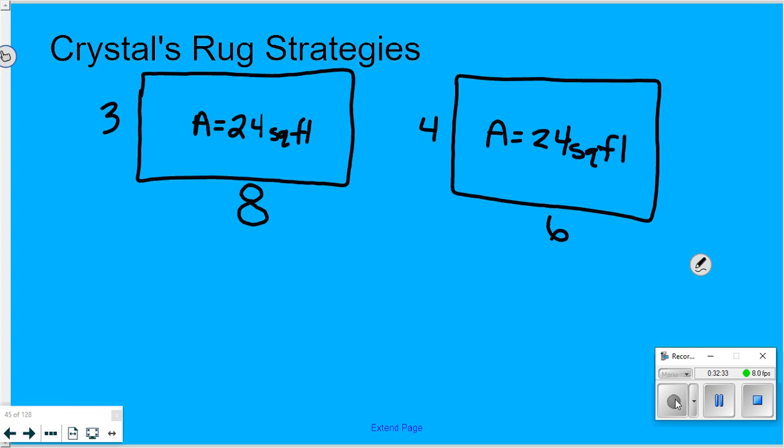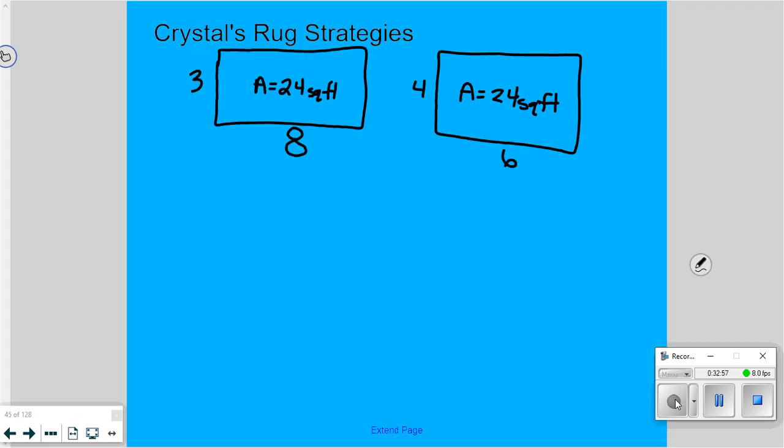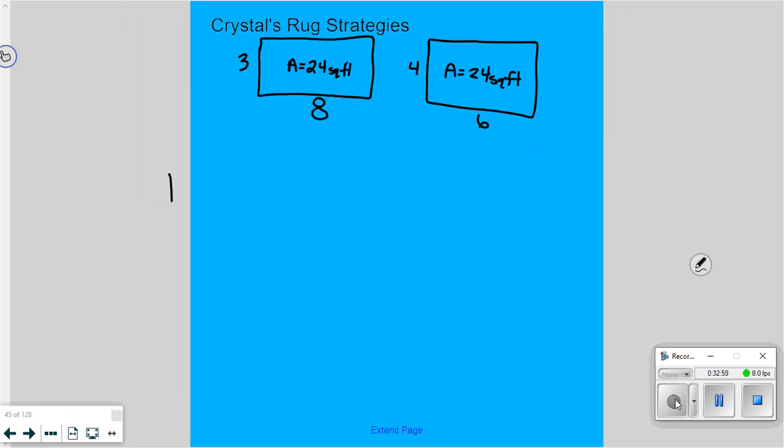There are at least 2 more ways to make a rug. We've got 2 options. Anyone come up with another one? Jayla? Could 1 times 24 work? Draw a rug that has 1 by 24.